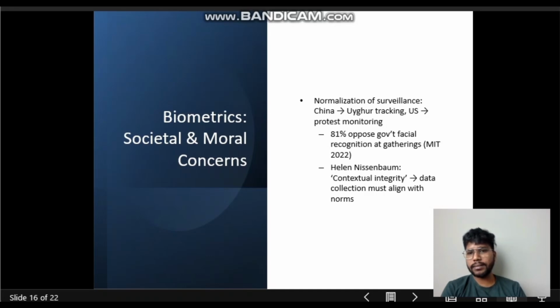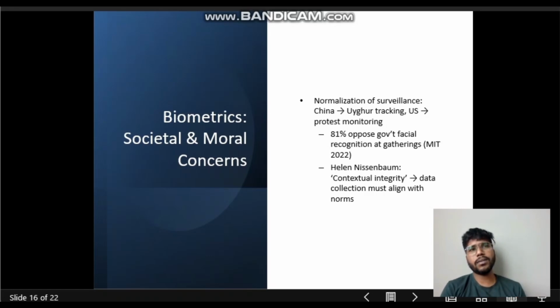Should citizens have the right to opt out if biometric scans become the default in public spaces? And the third question is, how do we ensure we don't slip into an era of pervasive, Big Brother style monitoring of everything? So these are the three questions.